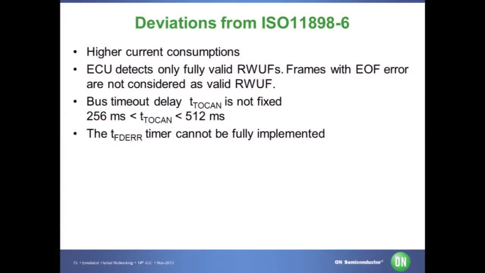Then we have several deviations from ISO 11898 part 6. The very first is, as I mentioned, the higher current consumption. Then there is one important deviation: there is a requirement in ISO 11898 part 6 that even frames which contain the error signal in the end of frame field, or let's say error frames, should be considered valid remote wake-up frames.